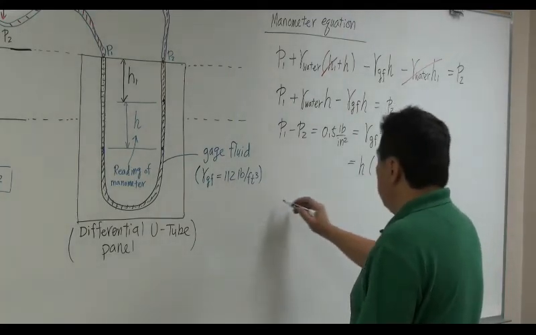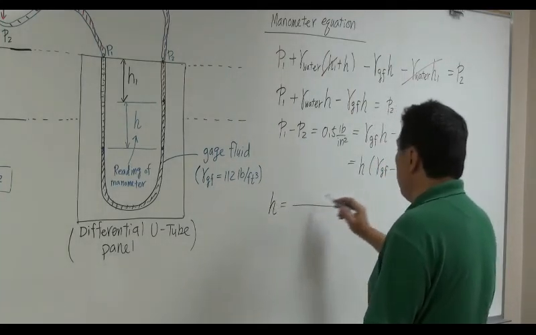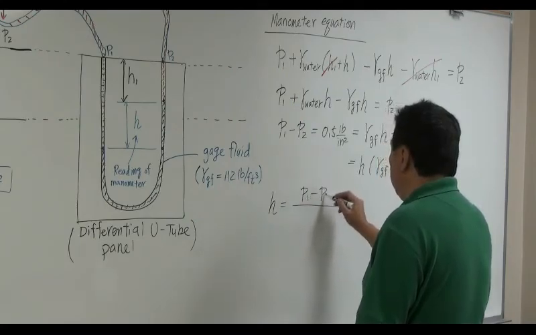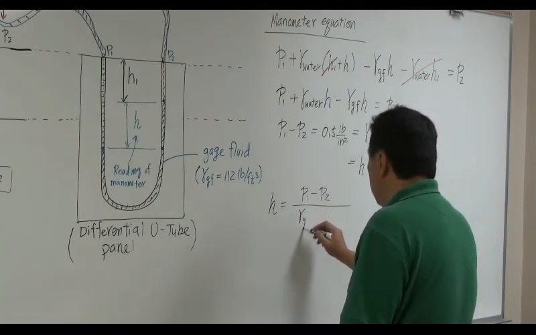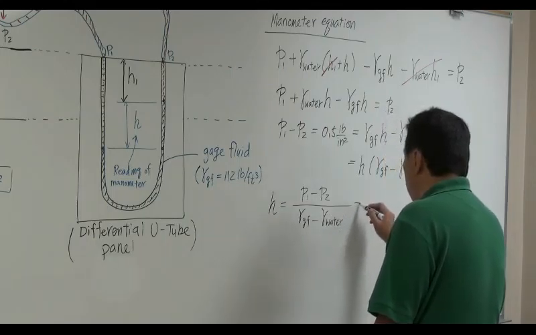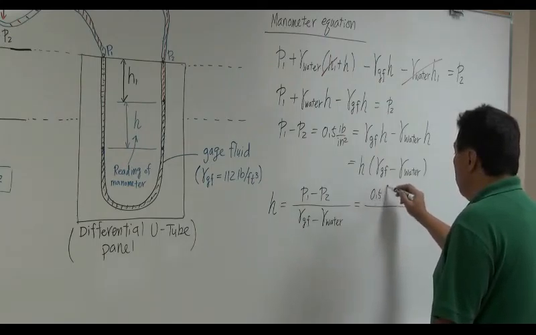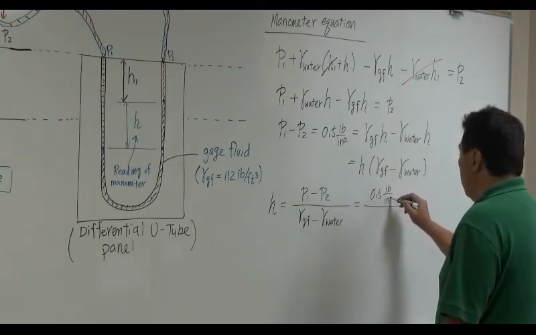So let's solve for H. What is H? H is equal to P1 minus P2 divided by gamma gauge fluid minus gamma water. Okay? We do know this is 0.5 pounds per square inch.